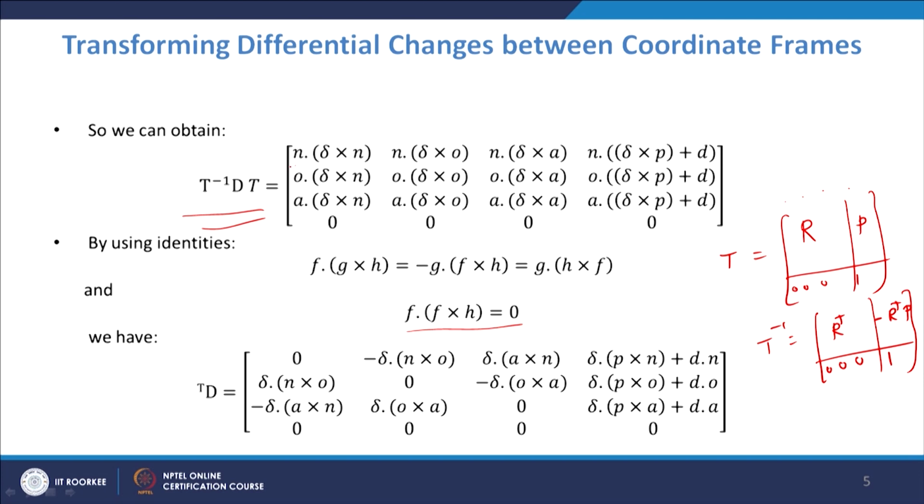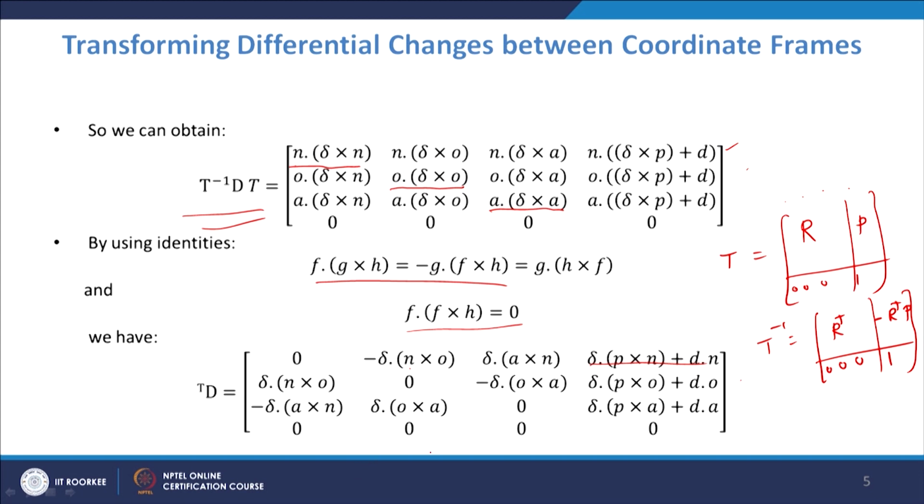So, wherever this is repeated, n dot del cross n is 0, o dot del cross o is 0, and a dot del cross a is 0. Here n dot del cross P can be written as del dot P cross n, plus n dot d as it is here. So, from each entry the values can be obtained as given here. So, the D superscript T is given by this expression.